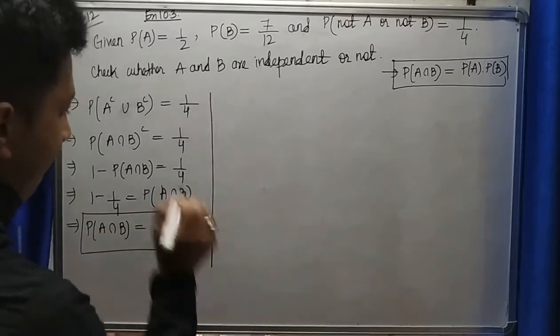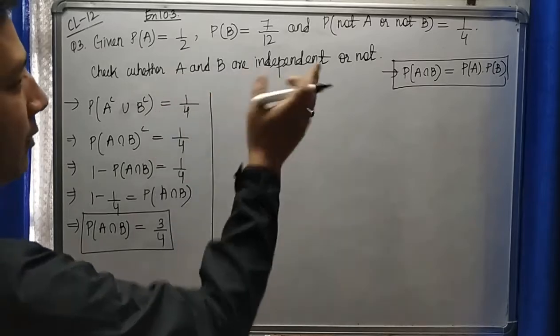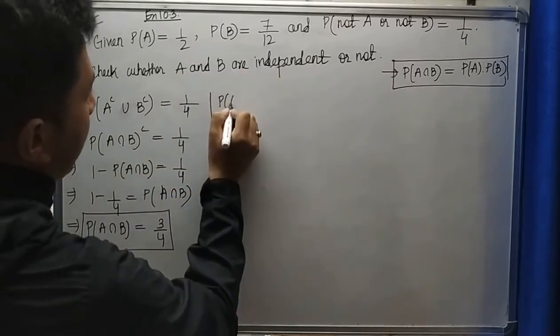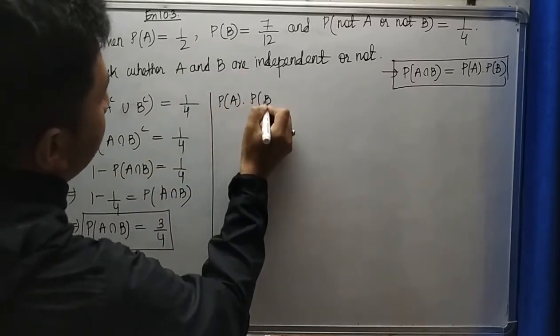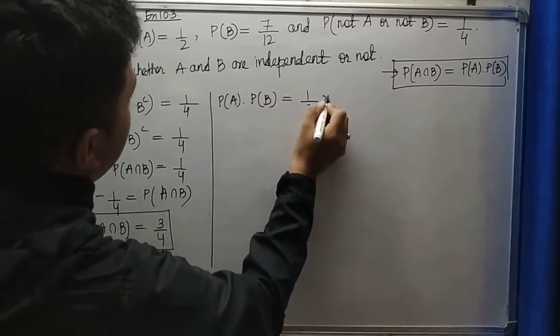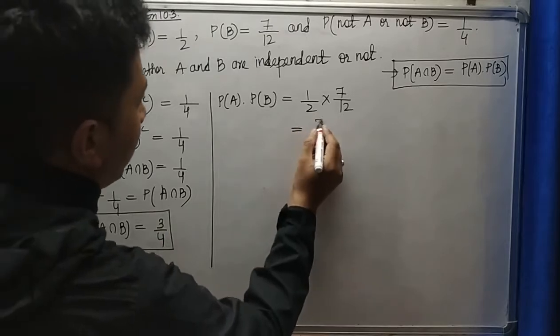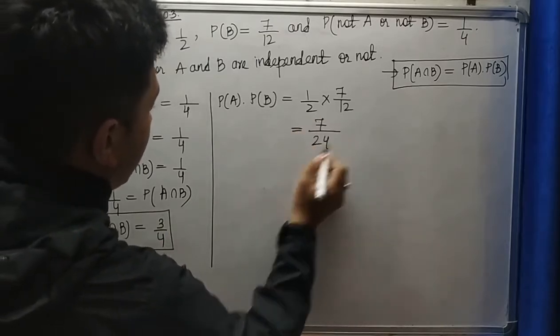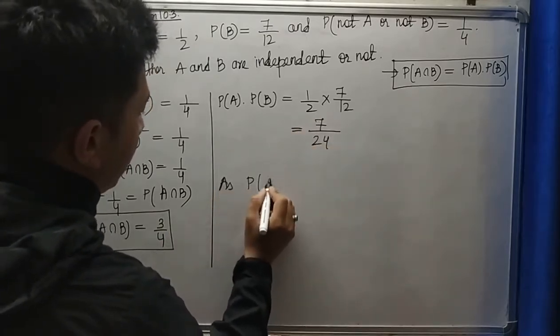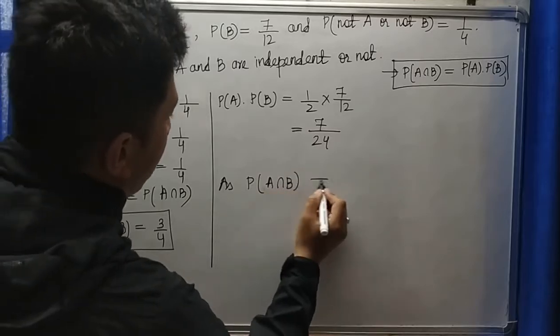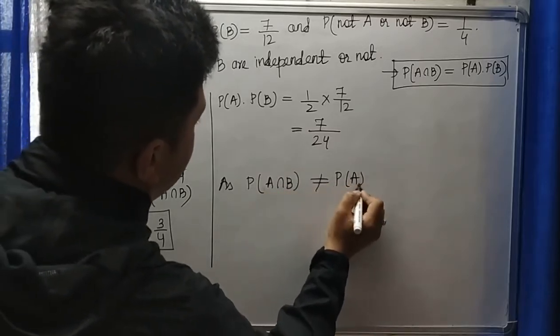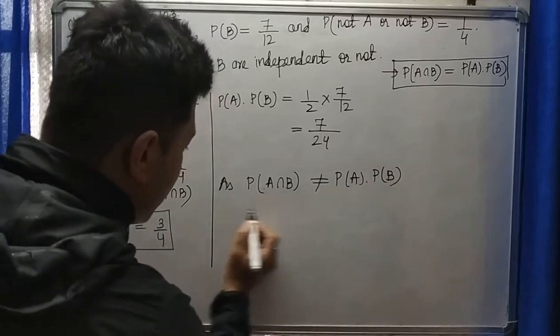Now, remember that we are checking independent or not. So I have probability of A into probability of B, which is 1 by 2 into 7 by 12, which is no way equal to 3 by 4 because this is 7 by 24. So as probability of A intersection B is not equal to probability of A into B, what does it imply?